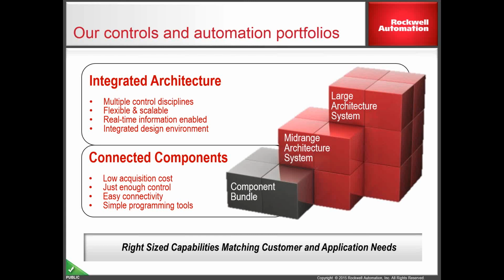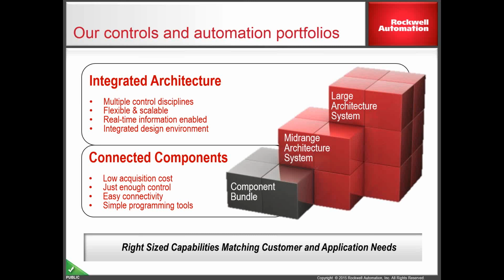One is Connected Components, which is essentially meant for standalone machine applications, which is just enough control for whatever the need of the machine is. So we are not talking about information enabled or integrated safety, all those aspects, which are about smart manufacturing. We have a different portfolio there, but this is just the need of the machine builder.